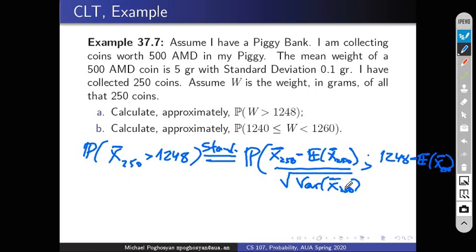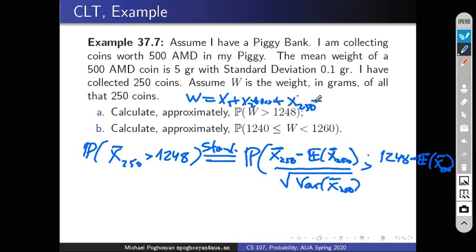Well, I'm not writing correctly, sorry. So this is not X bar. W is the total weight of 250 coins. This is not the average. This is X1 plus X2 plus etc. plus X250.